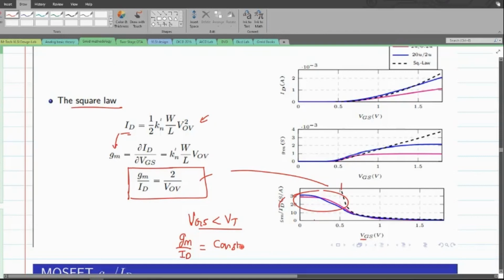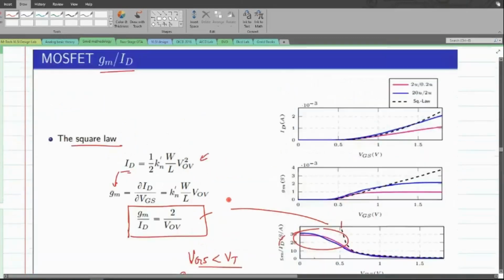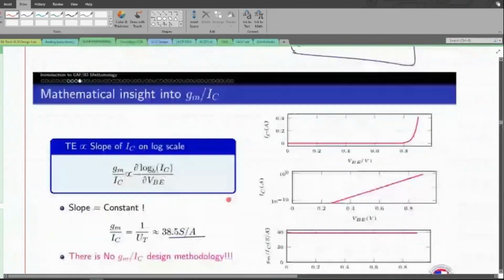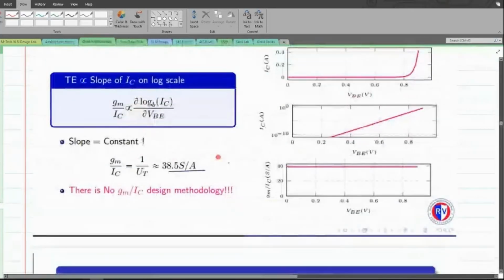I hope that we have learned about this GM over IC being constant throughout the entire region. I guess we have seen that particular plot when we discussed the BJT. So whenever it is constant, how can I predict the value of this IC? This IC is supposed to have an exponential relation to our VBE, is what it told us.